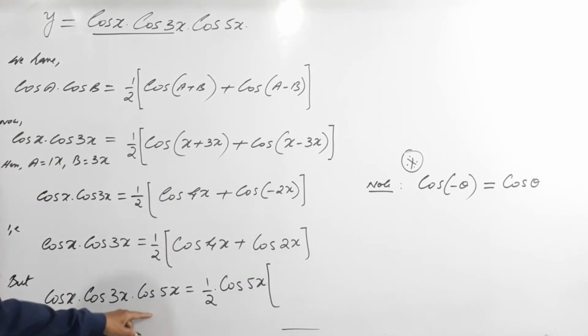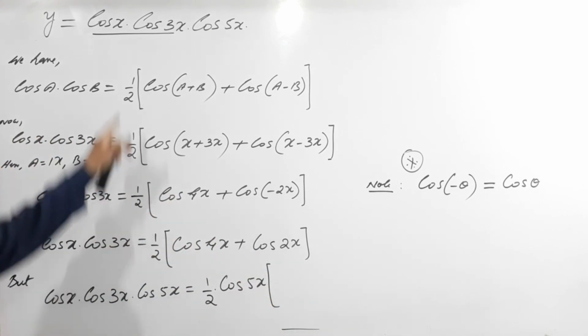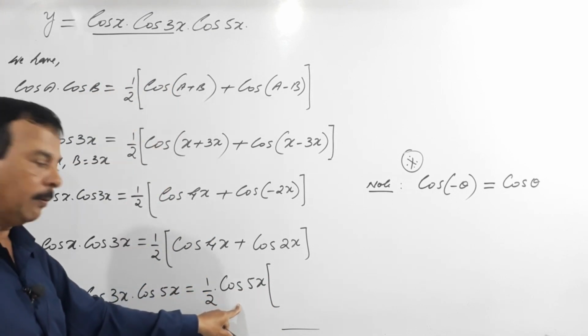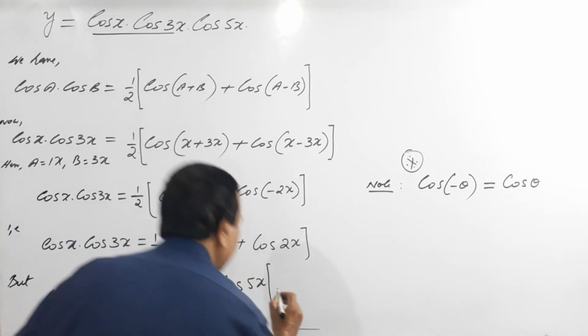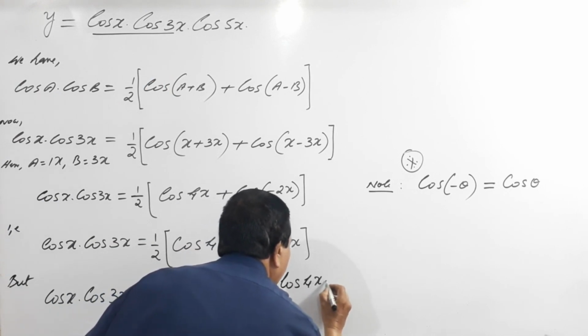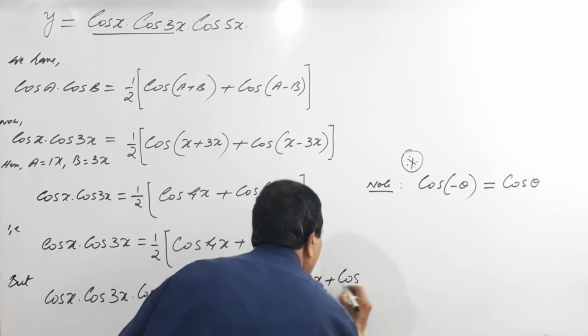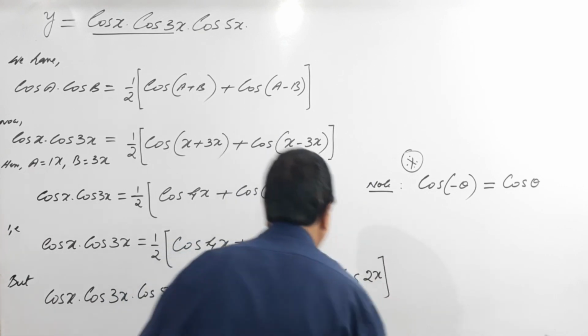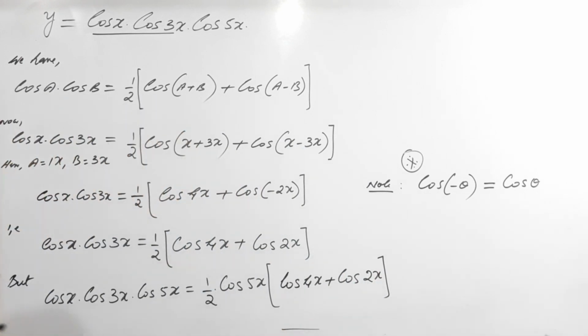What I have done is multiplied the left side, so now you have cos x, cos 3x, cos 5x. On the right hand side also you multiply with cos 5x, and this is cos 4x plus cos 2x. Right?